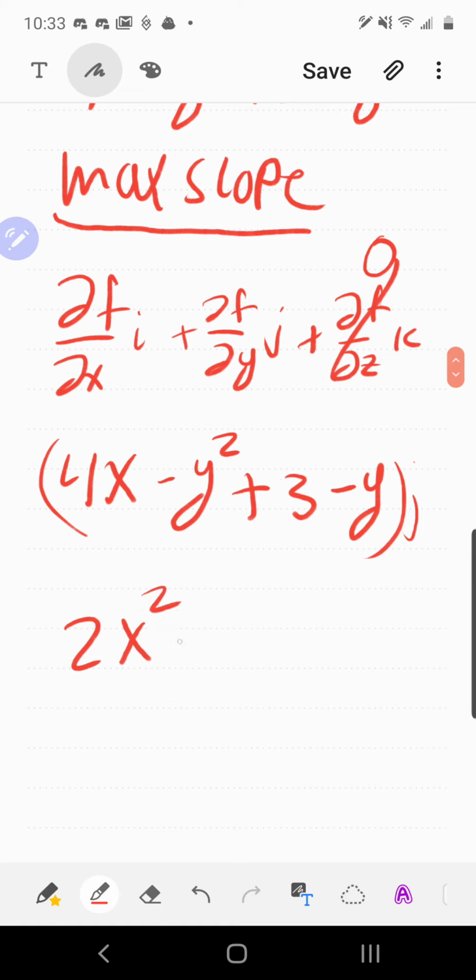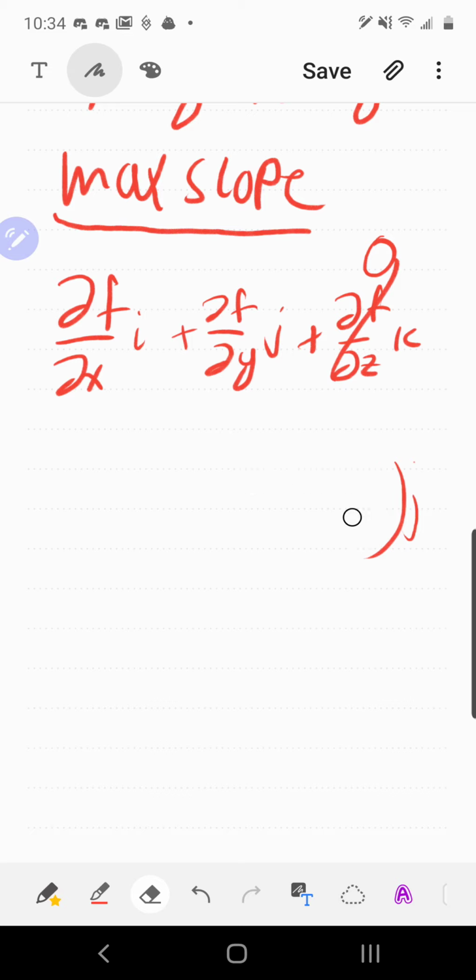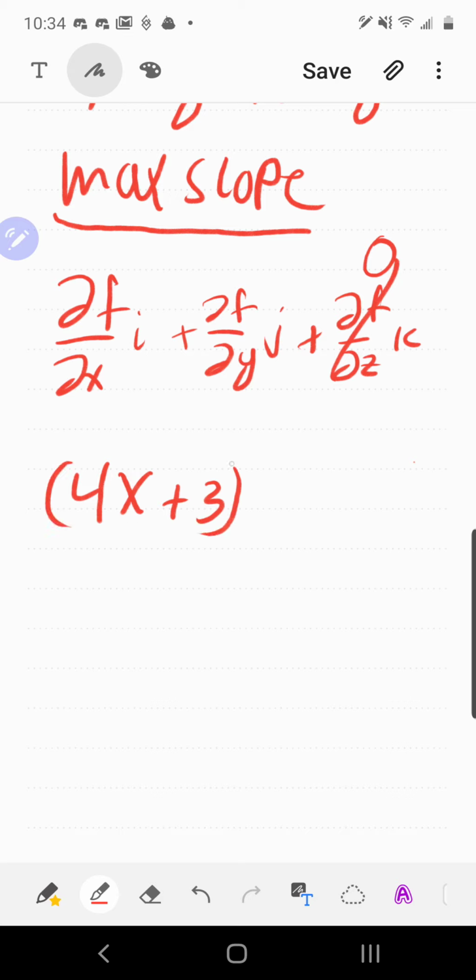Oh, my bad, that's not correct. It's actually just 4x plus 3. I forgot when you do the partial derivative, the y terms will also drop.